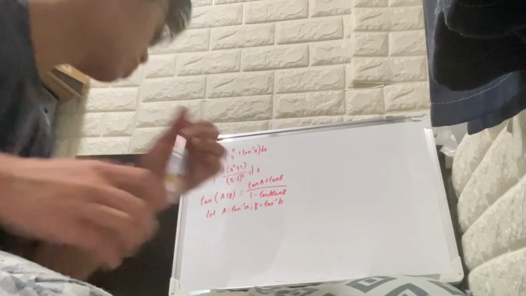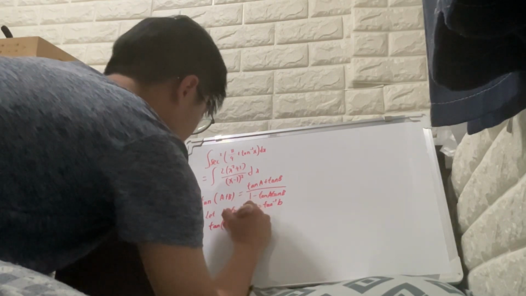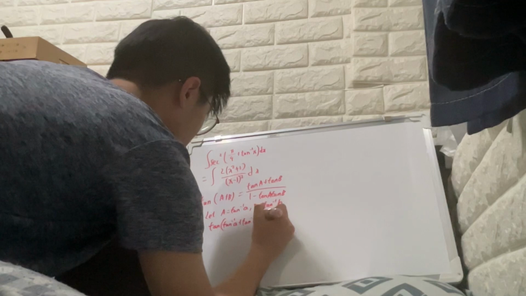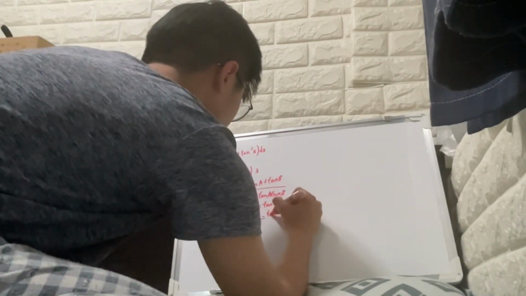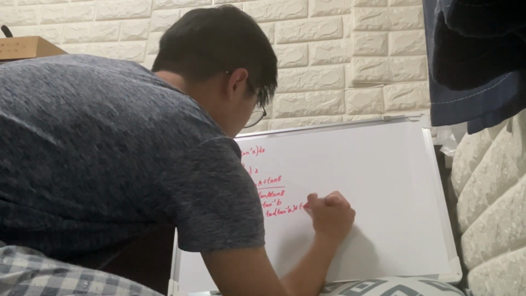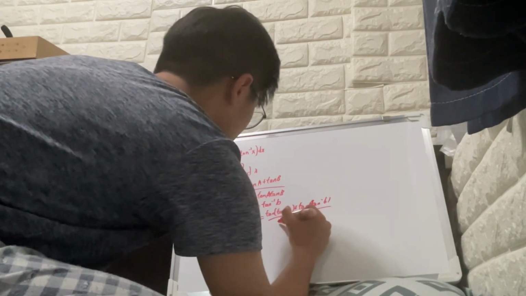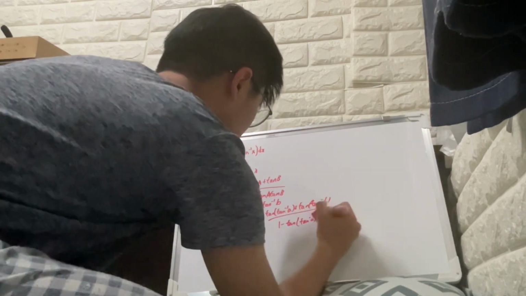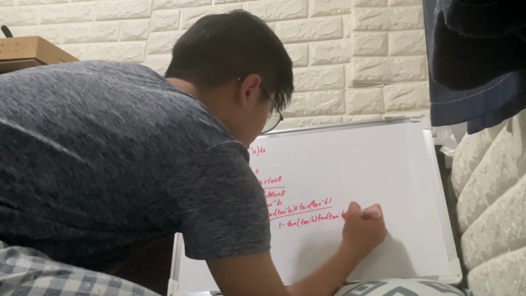Then tangent of inverse tangent a plus inverse tangent b will be equal to what? Tangent of inverse tangent a plus inverse tangent b, over 1 minus tangent of inverse tangent a times tangent of inverse tangent b.